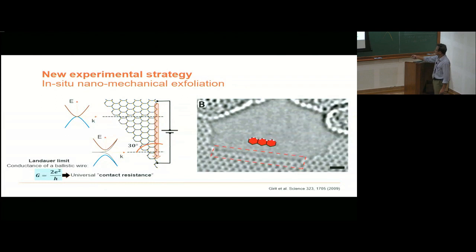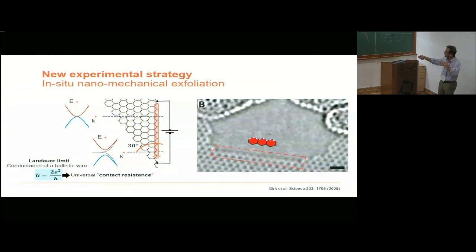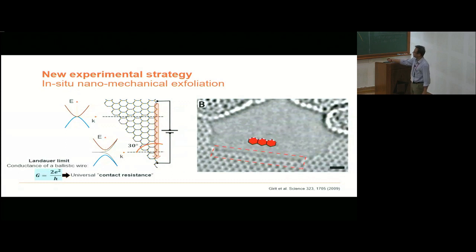Okay, and this was one of the early results of, again, probably Mike Cromie's or Alex Zettel's group. Essentially, they fired electrons and tore graphene inside a transmission electron microscope, and saw extremely beautiful long-range order in the edge structure.